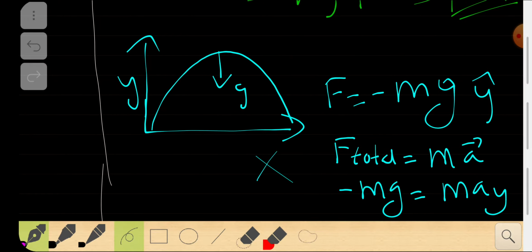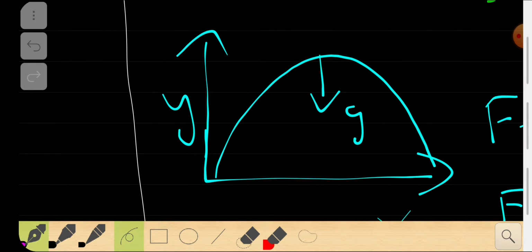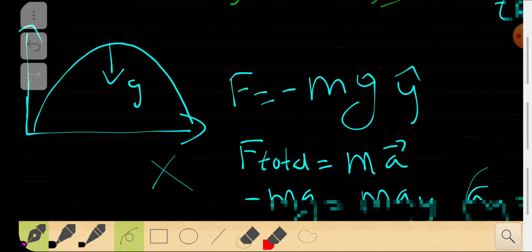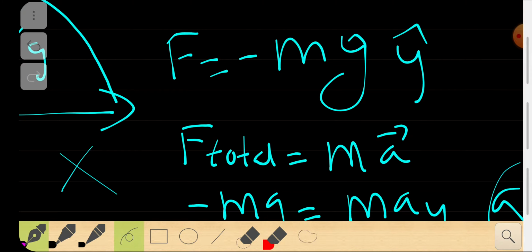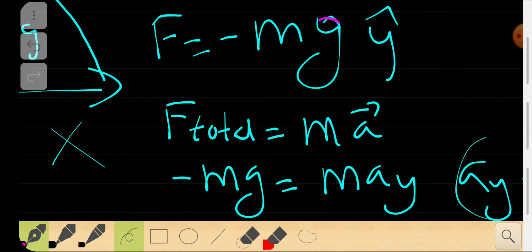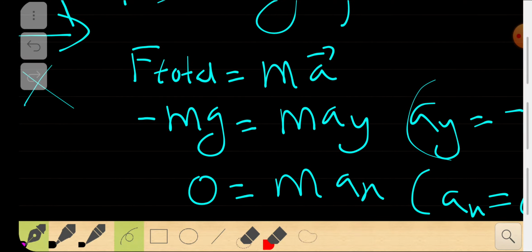Anyways, now getting to the actual problem, you can see that the projectile will be influenced by gravity. So the force of gravity, as we have explained earlier, is just minus mg in the y cap direction. It is in the downward direction, that's why there is a minus sign. Remember that.